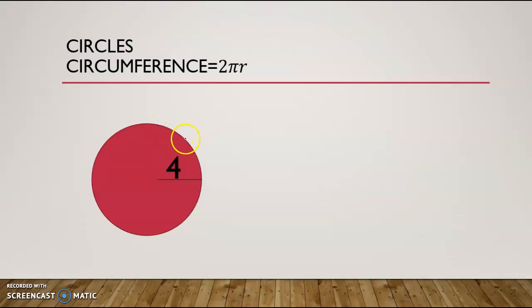But since it doesn't have any edges, we use the radius to help us in this formula. So the circumference is 2 times pi times the radius, which is 4. And then I multiply 2 and 4 together to give me 8 pi.